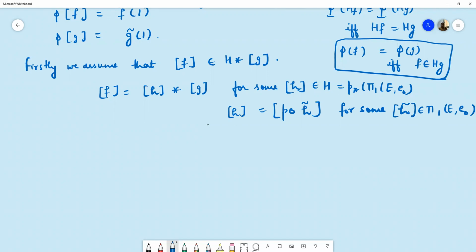So we can say that h is equal to p circle h curl for some loop h curl in space E based at point e naught.